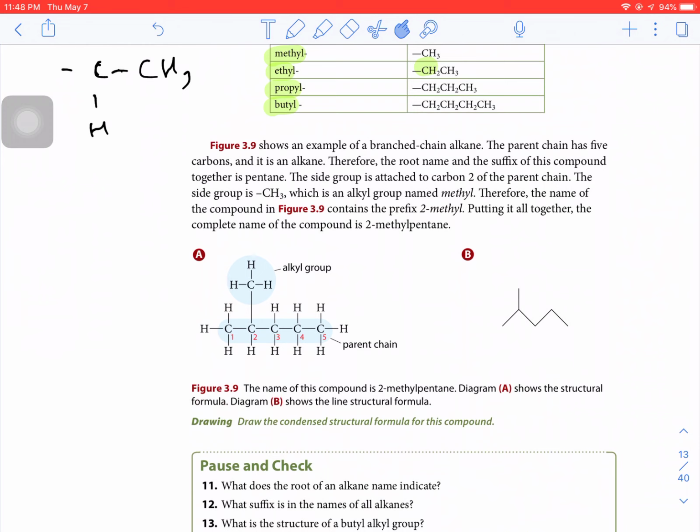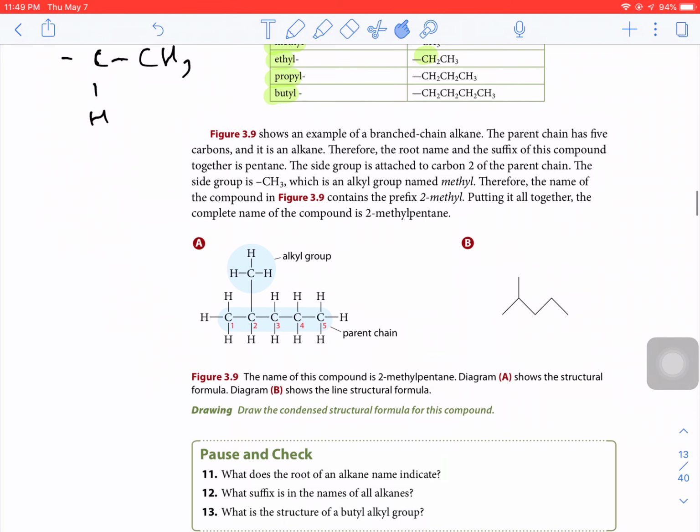So if I wanted to name this molecule here, I'm going to look for the longest continuous chain, which is 1, 2, 3, 4, 5 carbons long. So it's going to be called pentane. Right, so I have named that.